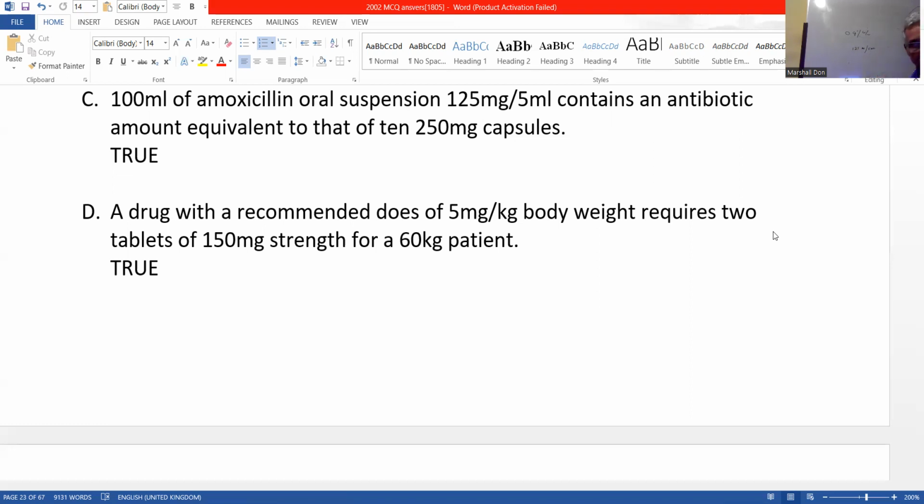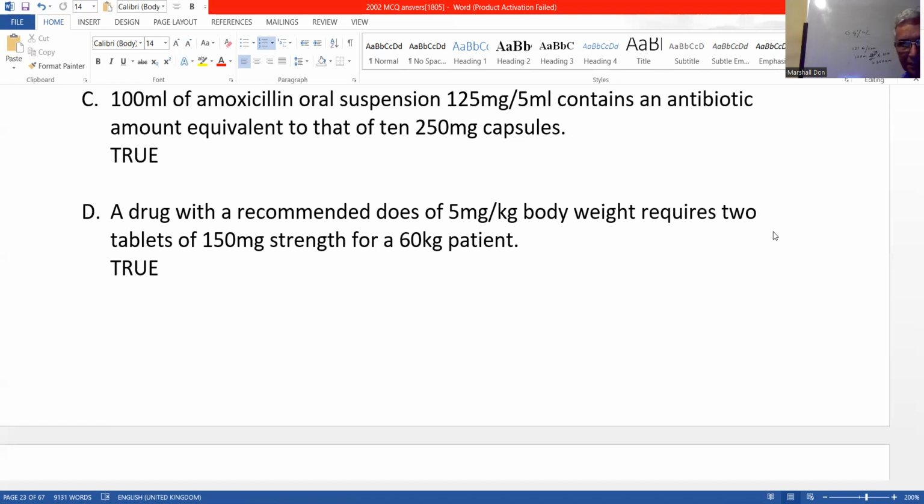Now, 100 ml of it contains 125 over 5 into 100, that is 25 into 100, equal to 2500 milligram of amoxicillin.